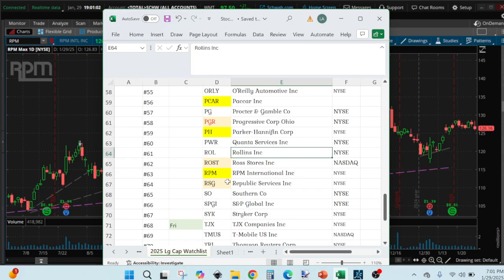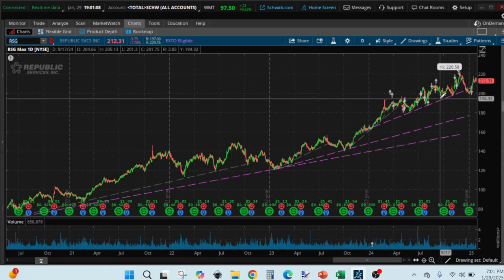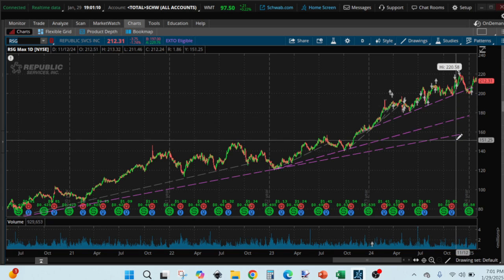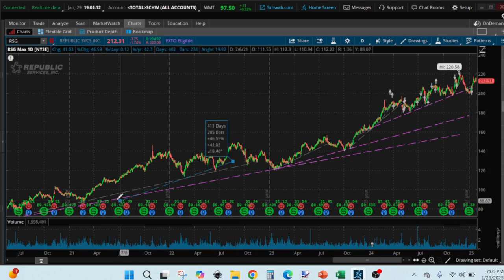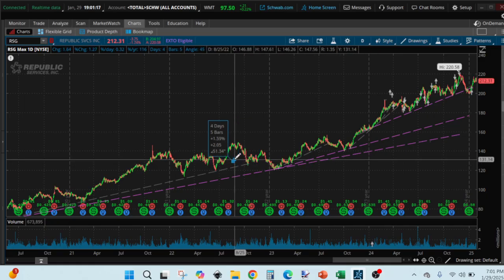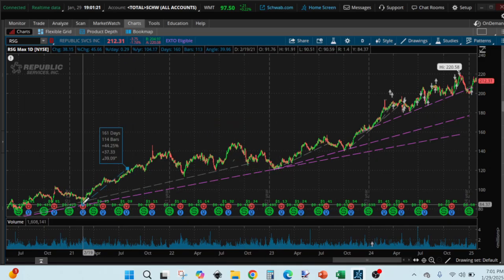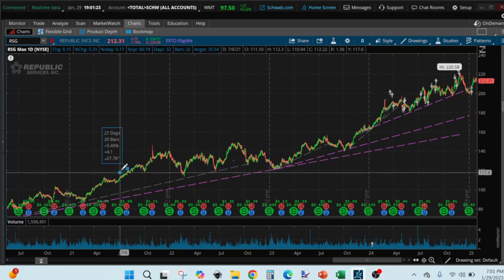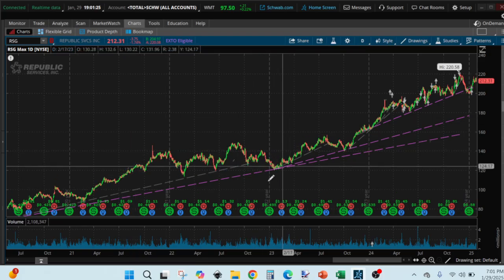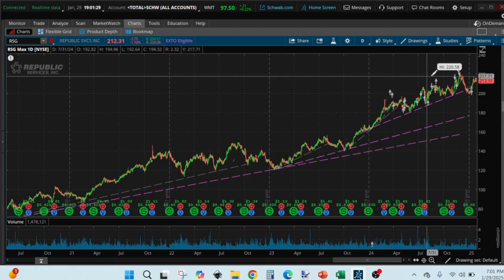So the next one is RSG, which we purchased this year. We have three trend lines that we like to buy at. We see what kind of pattern it drew in previous years, and it touched base with this line from there to here. I don't know why I'm tracing everywhere on the chart. And from here it touched base with this one and went up.